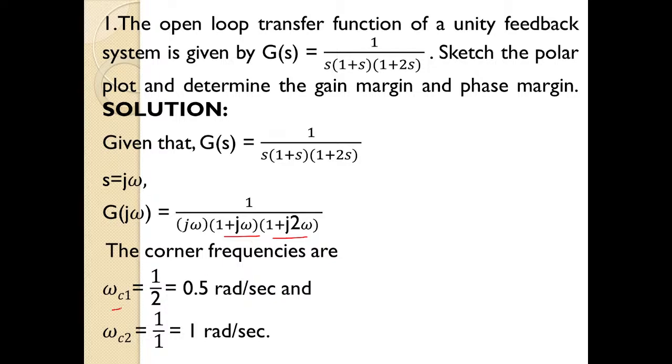What is our corner frequency? Omega C1 is equal to 1 by 2, one corner frequency. Another corner frequency is omega C2 is equal to 1 by 1. So we have got 0.5 radians per second as one corner frequency, and another corner frequency is 1. Just note it down.